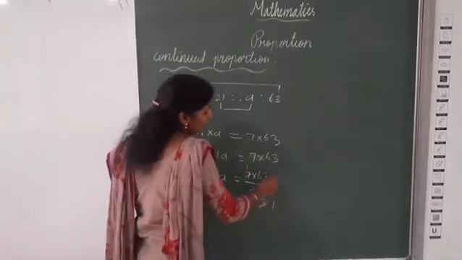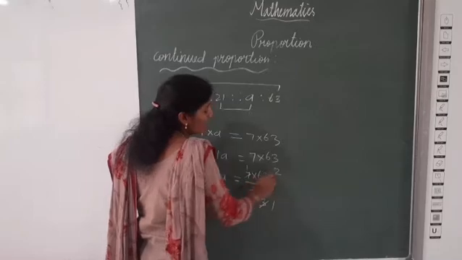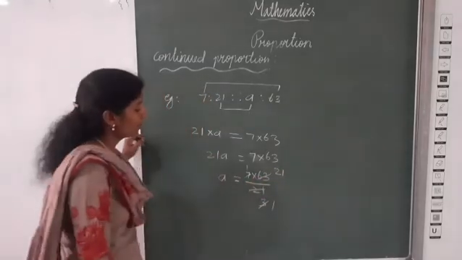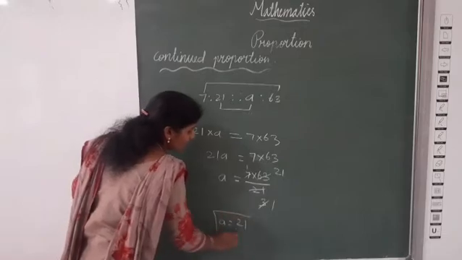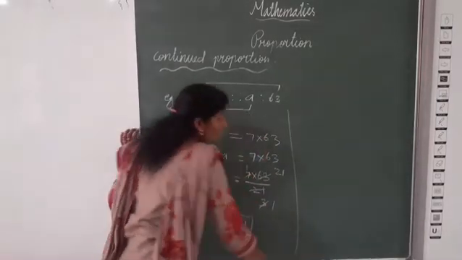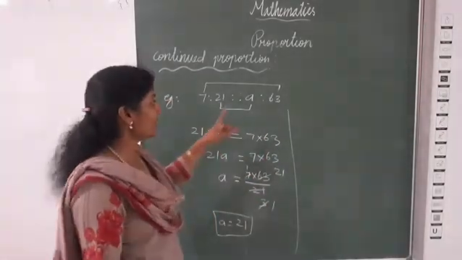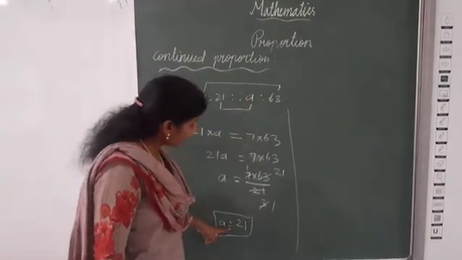Then 1 3 is 3, 2 3s are 6, 1 3 is 3. So A is equal to 21.